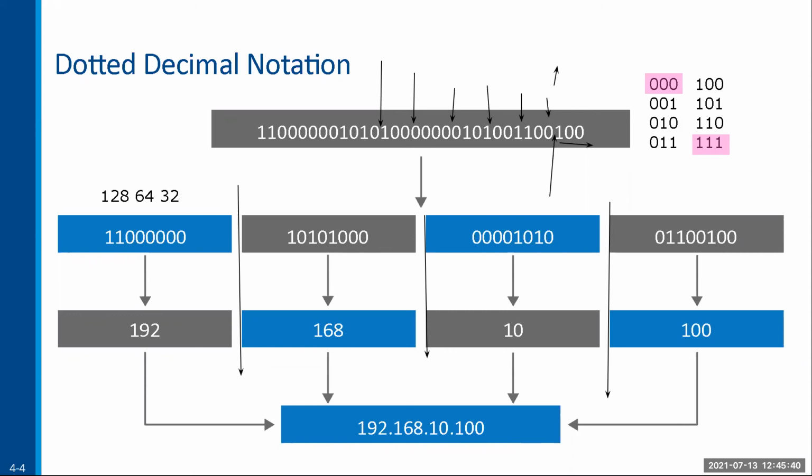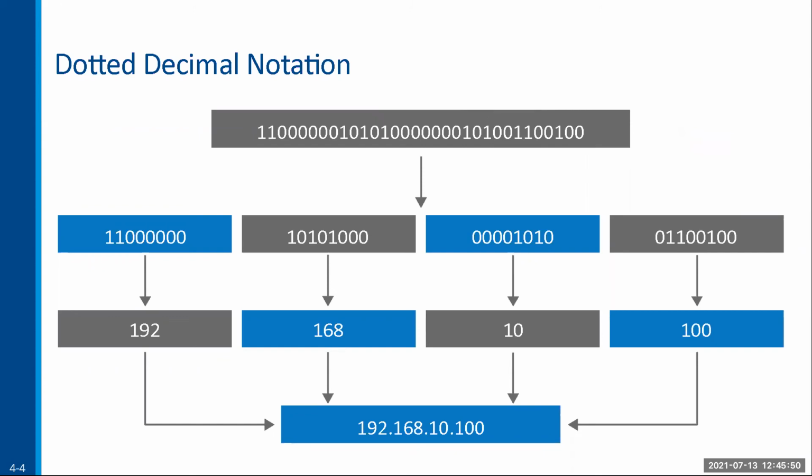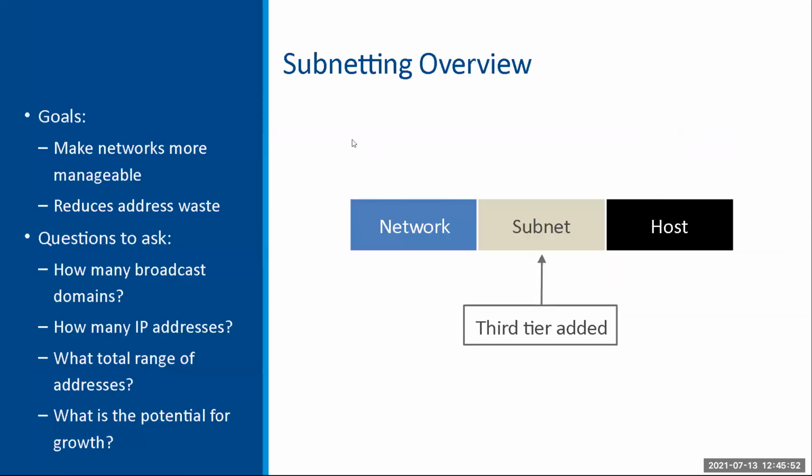So this creates the ability for me to now right size the network by adding in that additional functionality of a subnet. And that's what our next slide tells us, that we have what was initially the network and the host space, and we can add in a third tier. But the problem is that I only really have 2 types of bits in an IP address.